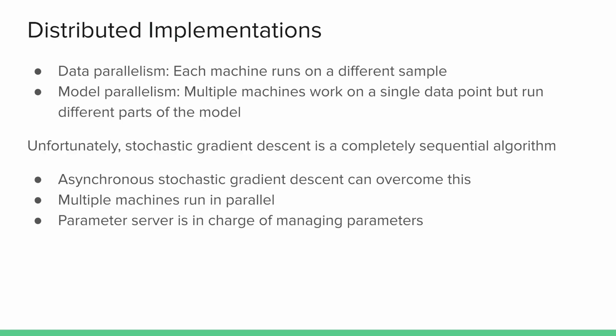And there are two ways how you can parallelize it, basically by saying you use data parallelism and each machine runs on different samples. So what you would do is, if you say you have 4 GPUs, you cut your data set into 4 parts. Each part is being sent or put on a different machine, and that machine or that GPU only sees that part of your data.